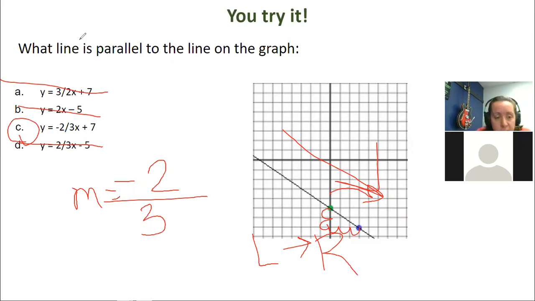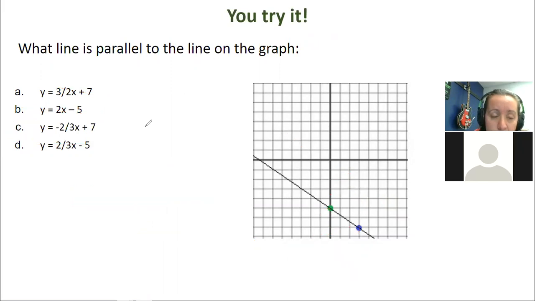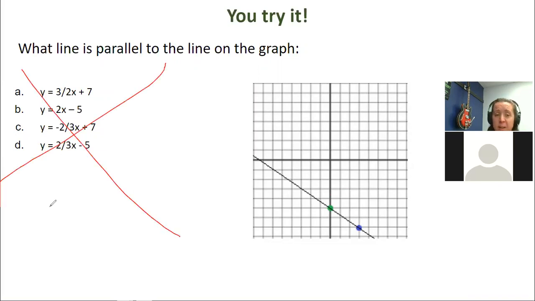Oh my gosh, you guys are right. I don't think any of them work. Yeah, because it would have to go up too. You're so right, but none of those work because they would have to be negative. So this one's an error. My bad.